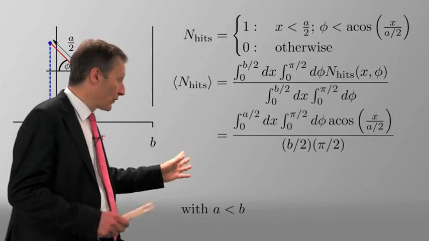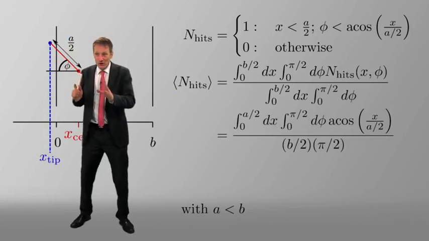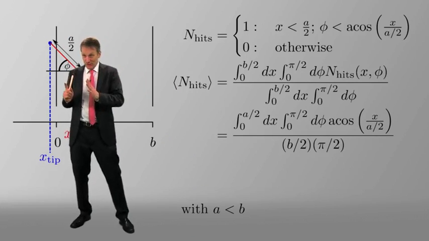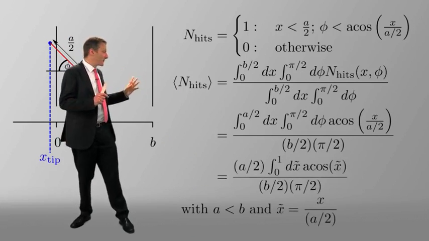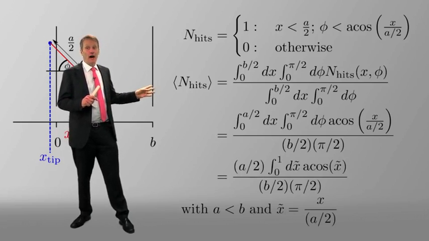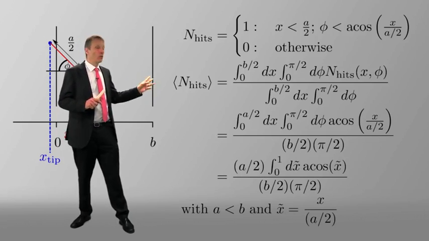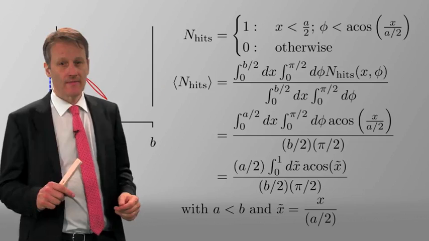This gives the following integral. So we have the solution of our problem under the condition that we know how to integrate dx from 0 to 1 of arccosine x.